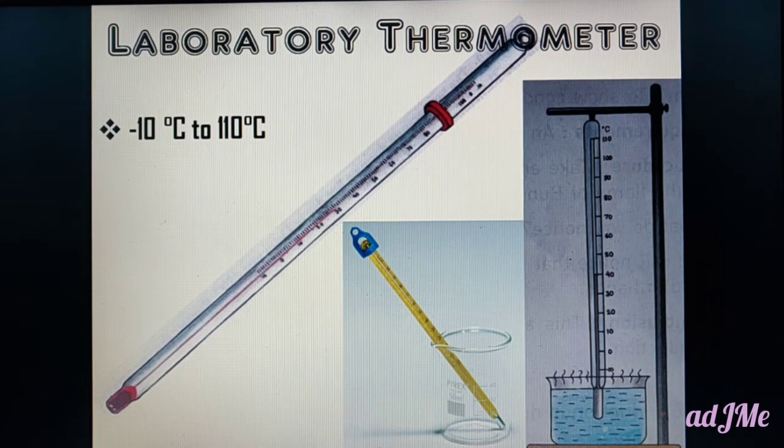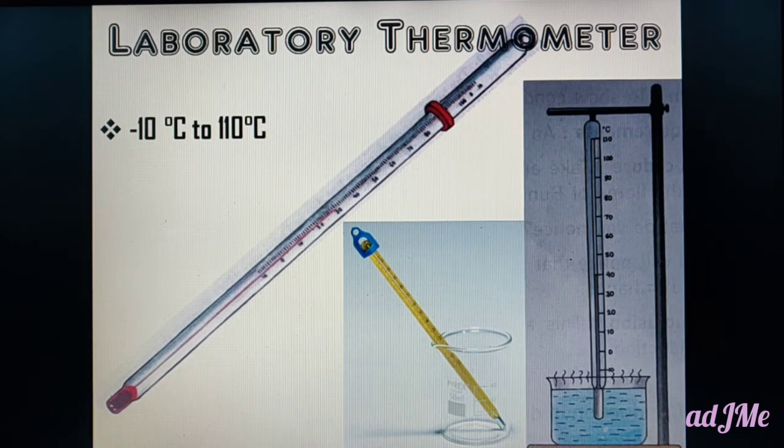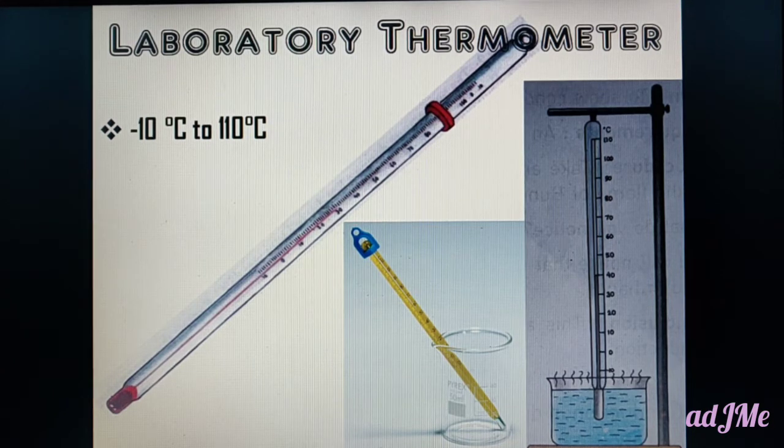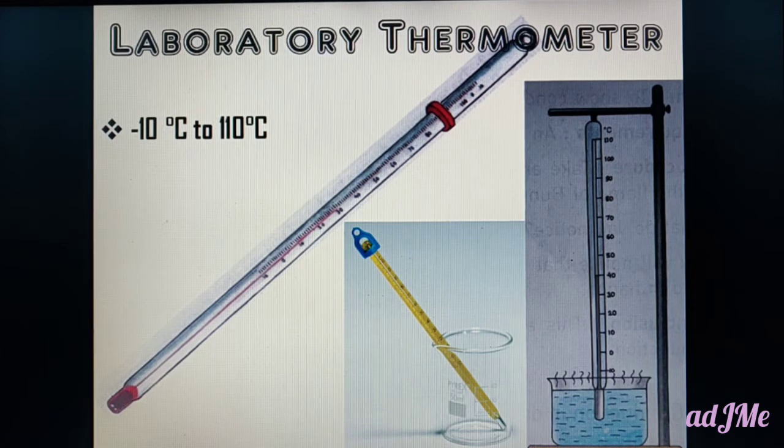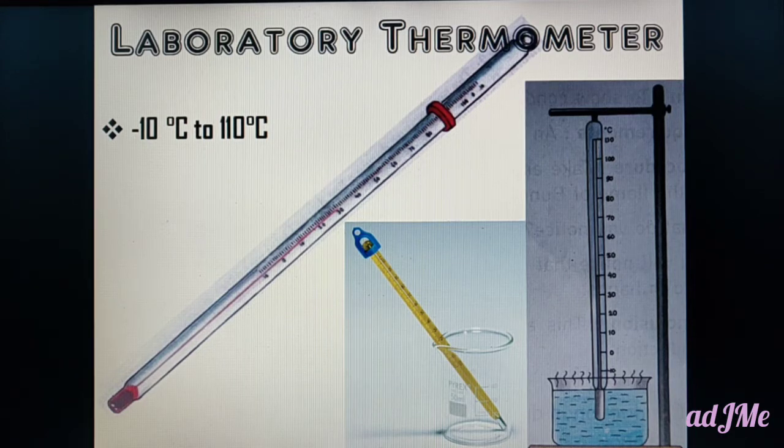The thermometer will burst because of the very high temperature, and this is the main reason why a clinical thermometer must be used only to check the temperature of humans or animals, not of a room or other objects. I said 100 degrees Celsius. In some cases, if it is boiling oil, the boiling point of oil will be more than that of water. So all are risky. That's why we are not supposed to use a clinical thermometer for other cases.